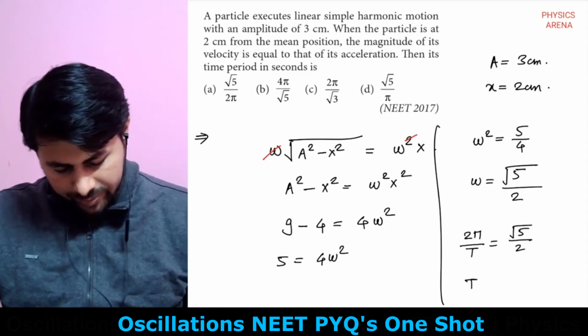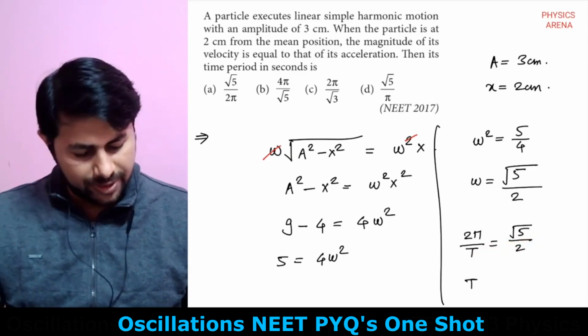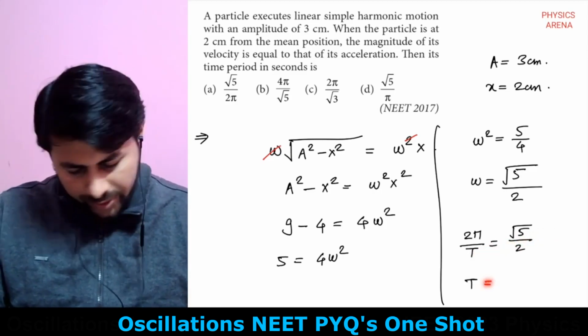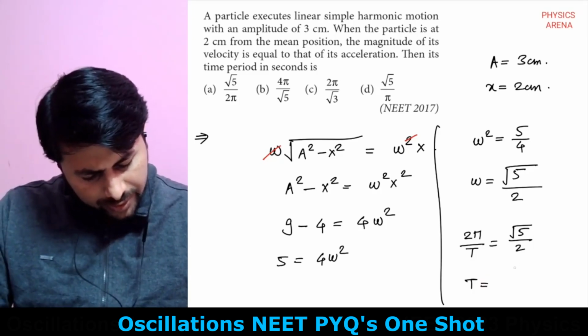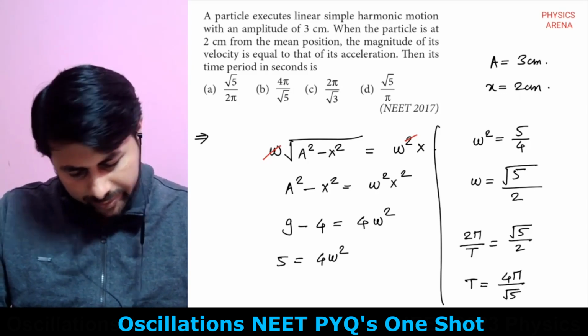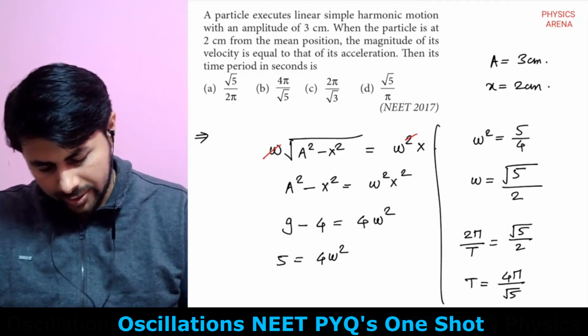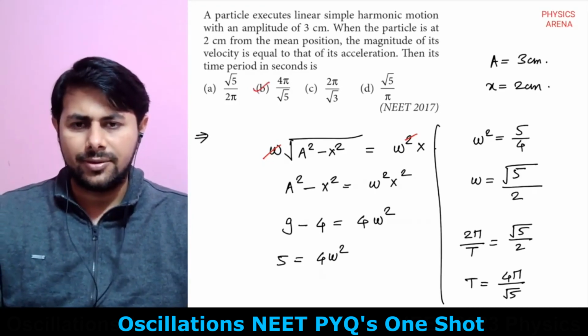Now let's move this T to the other side and the other things to the left hand side. So we get T equals 4 pi divided by root 5. So option B is the answer, right?